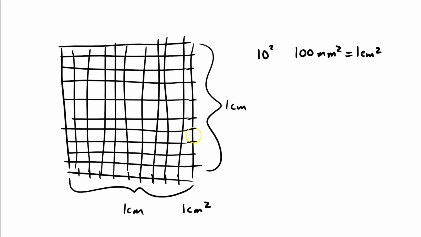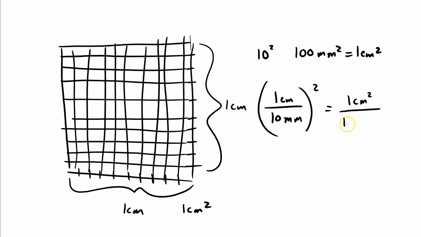Since there were 10 millimeters in a centimeter, there are 100 millimeters squared in 1 centimeter squared. So I would say 1 centimeter over 10 millimeters. If I square that, I get 1 centimeter squared is the same thing as 100 millimeters squared. Okay, so this is the relationship.